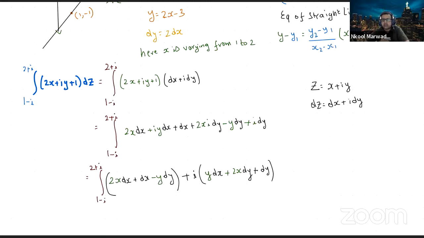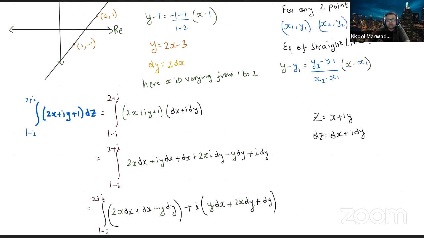So the limit we can convert to 1 to 2, and dy we can write as 2 dx. And why can we do that? Because we have just proved this, so dy is equal to 2 dx. So instead of dy, I can write 2 dx, and in the integral, the limit I will set from 1 to 2.